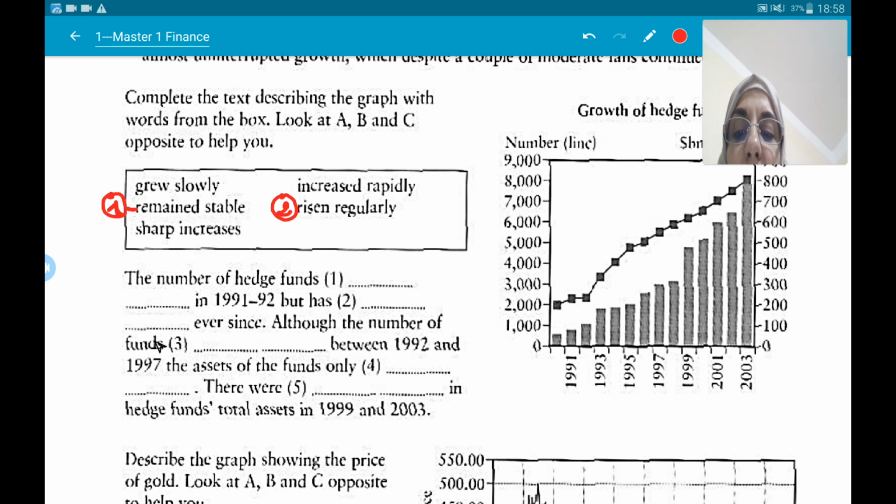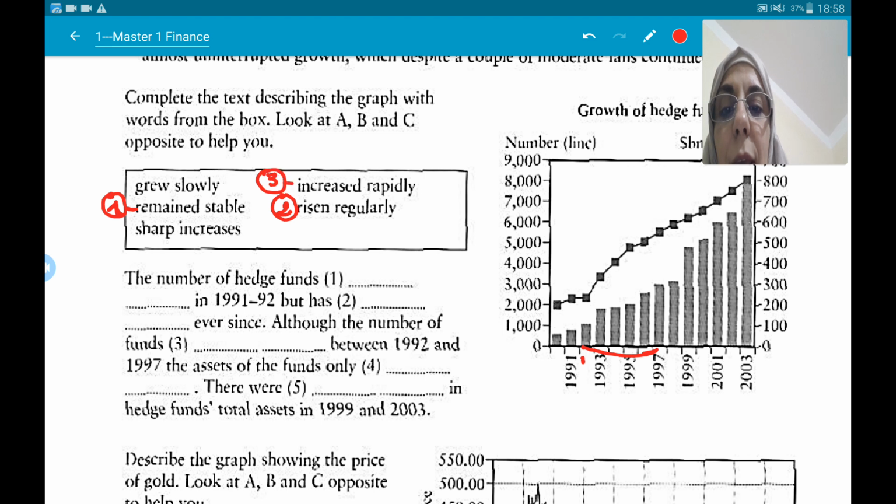Although the number of funds, number 3, between 1992 and 1997, look at the graph, the funds increased rapidly.